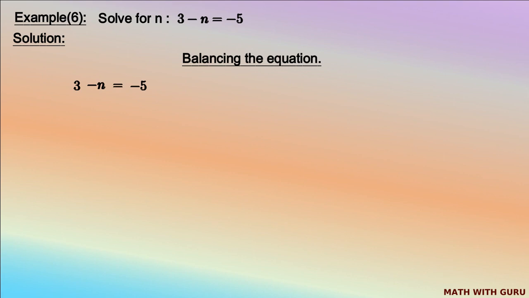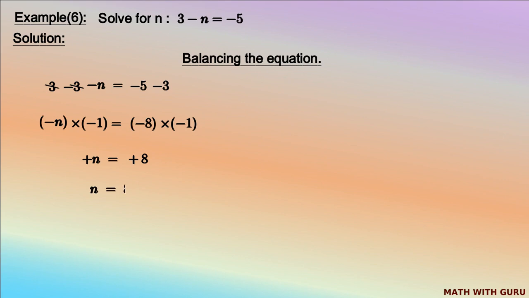To get rid of 3 from the left hand side, we subtract 3 from both the sides. 3 minus 3 is 0. Minus n equals minus 8. We need to make n positive. To do that, we multiply both the sides by minus 1. Plus n equals plus 8, that is n equals 8.